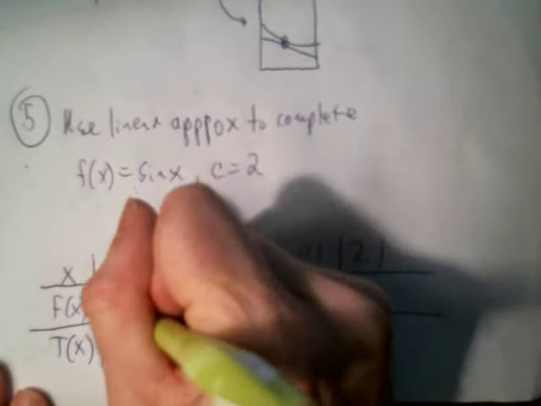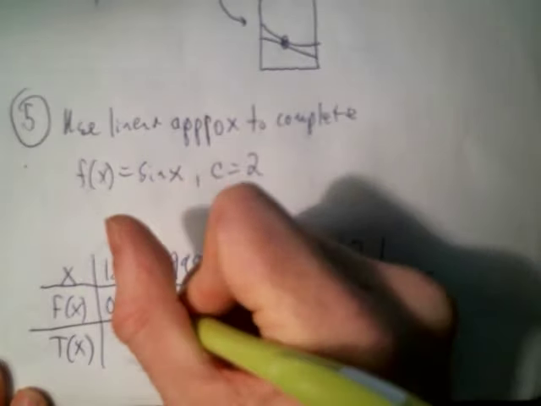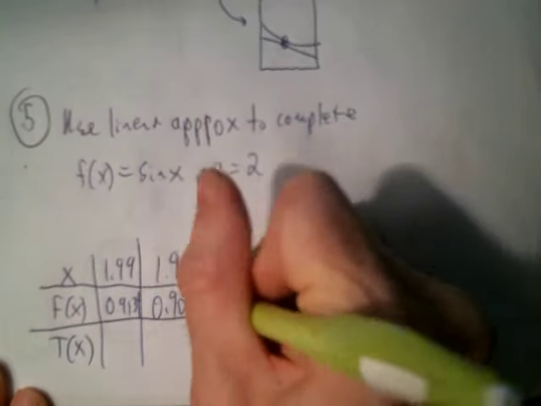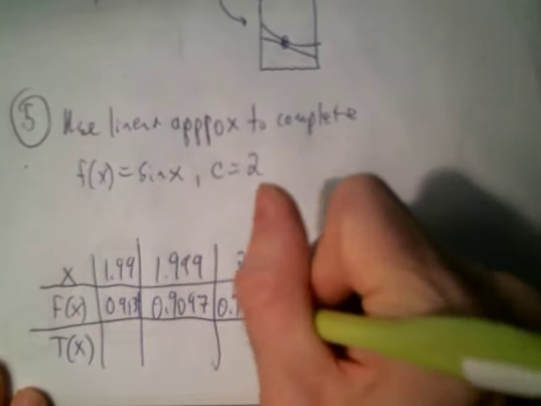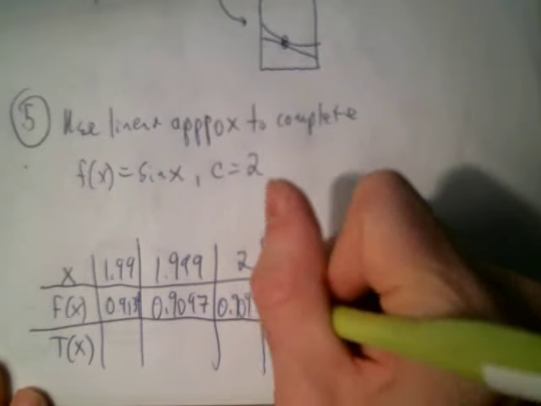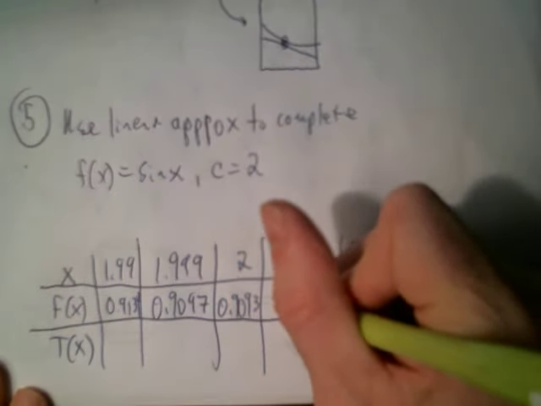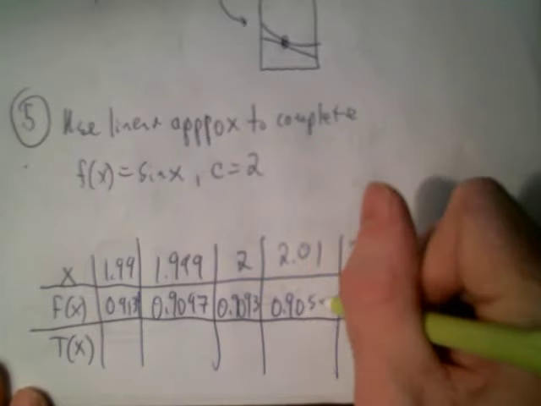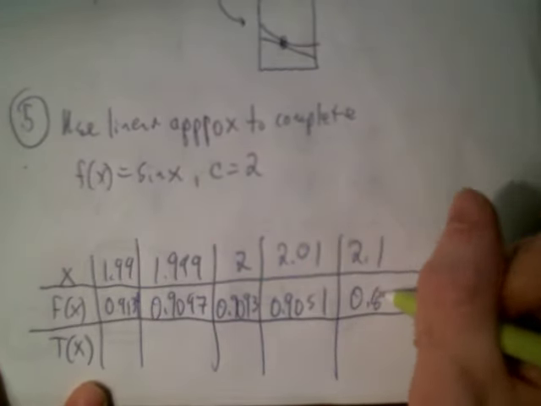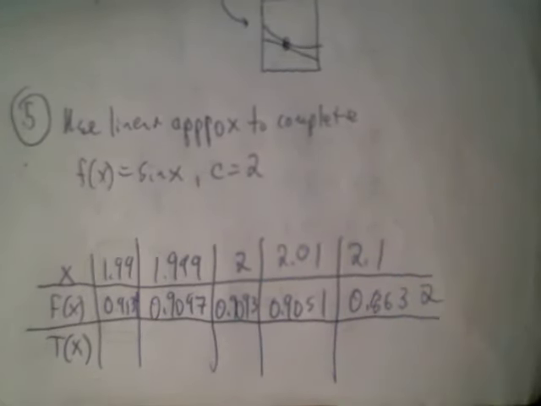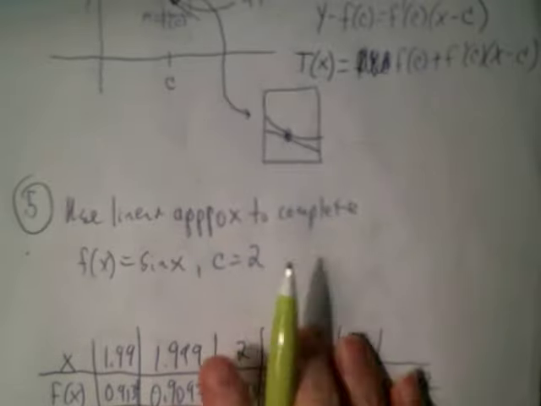You get 0.9134. Here you get 0.9097. Here's 0.9093. Here is 0.9051, and then 0.8632.